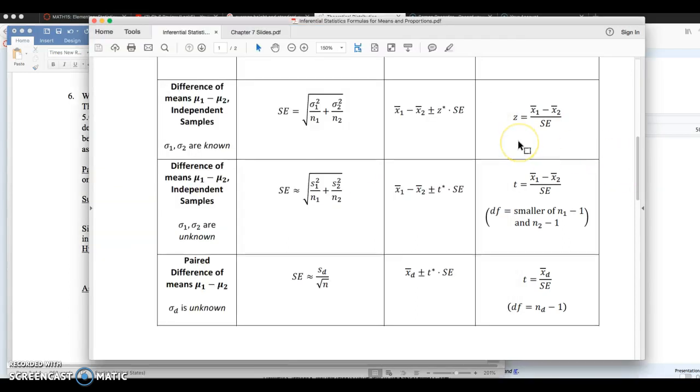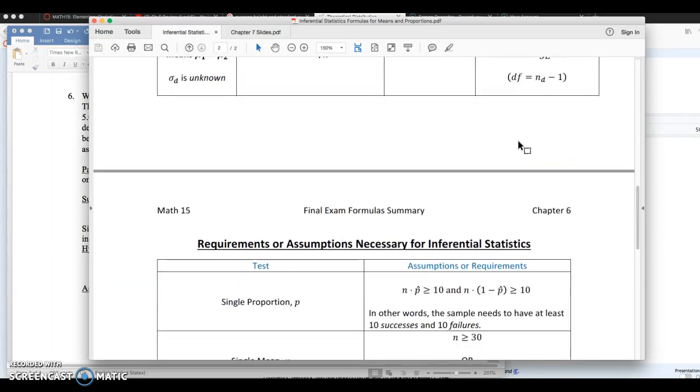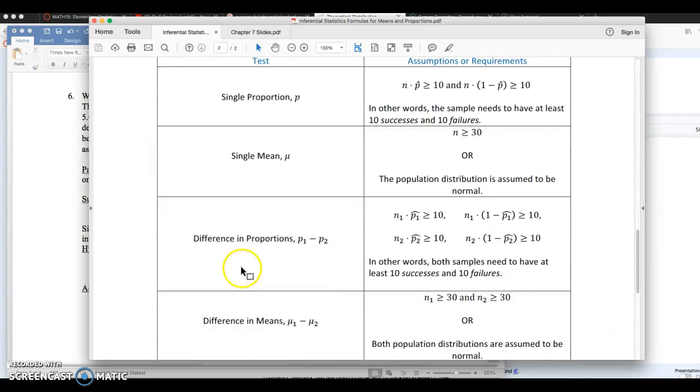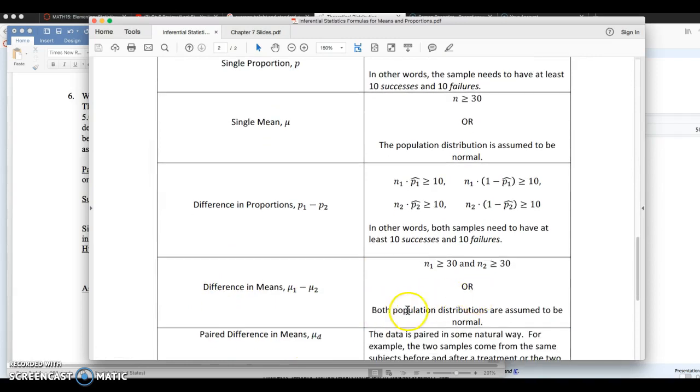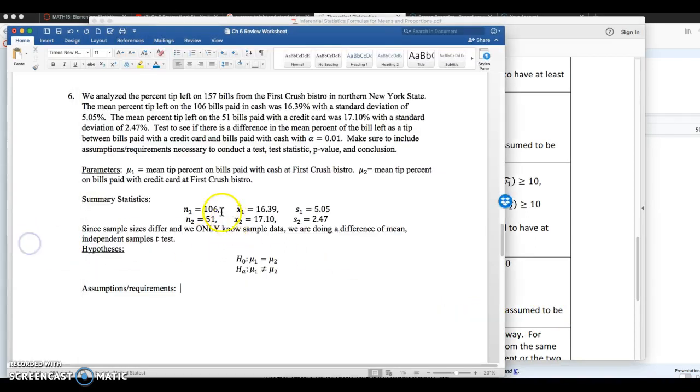I put those on the second page of the formula sheet. We're looking at difference in means. We need the sample sizes to be at least 30, or both population distributions normal. Again, we don't know anything about the population distributions, but we do have two sample sizes bigger than 30.